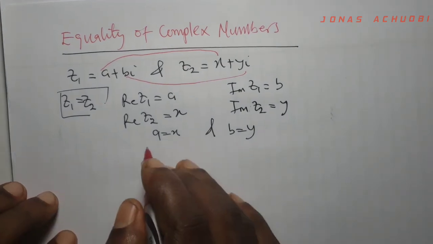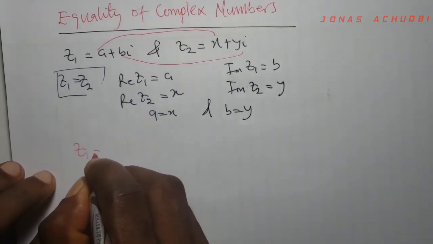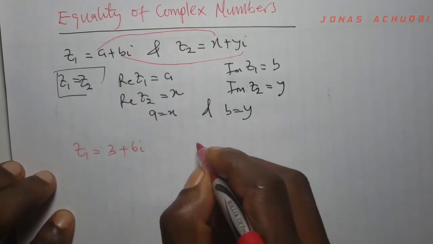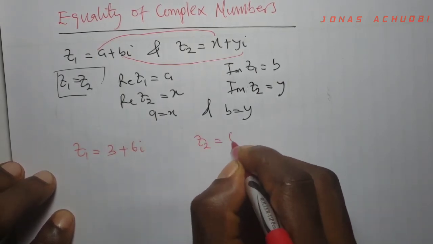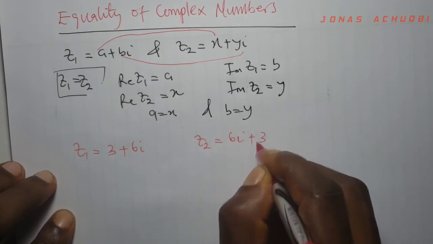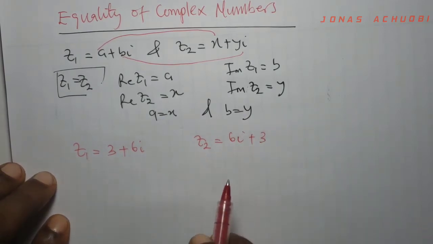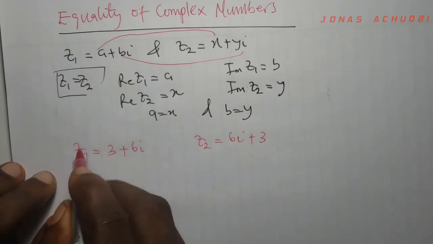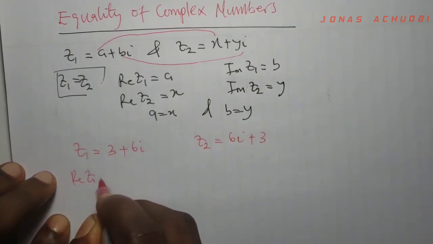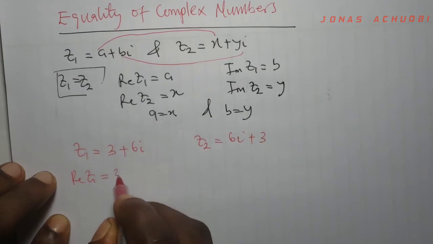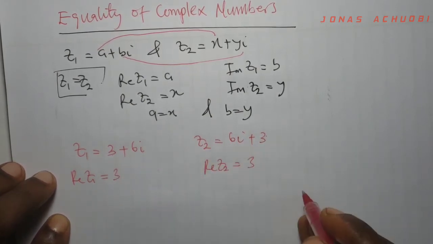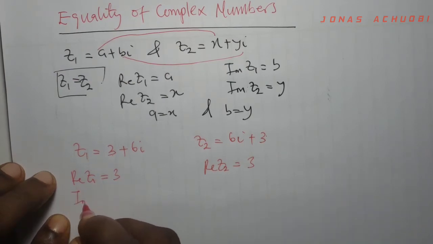So if I have, for example, a complex number z1 equal to 3 plus 6i, and I have another complex number z2 equal to 6i plus 3, then these two complex numbers are the same, or are equal. That's the word, are equal, because the real part of z1 is what? Is 3. And the real part of z2 is also 3. The imaginary part of z1 is 6.